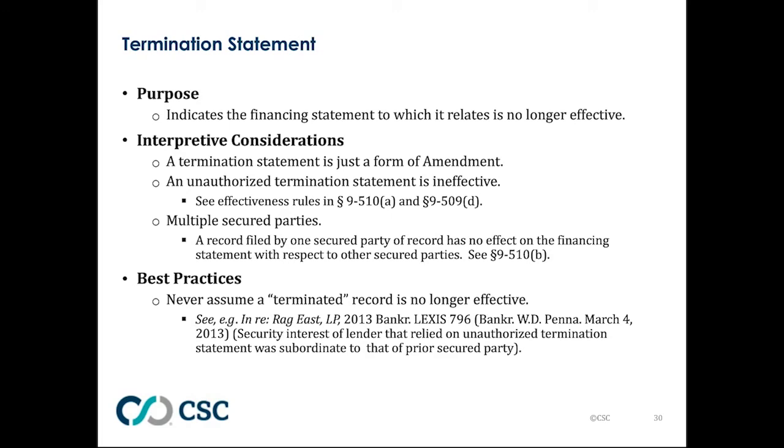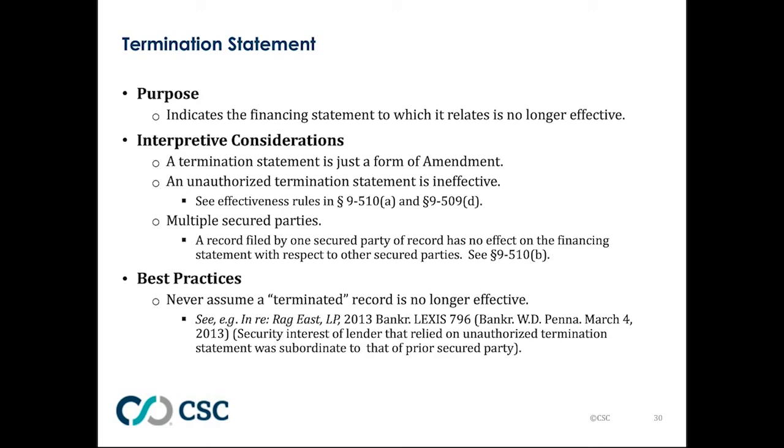Well, another secured party came along, saw that the first financing statement had been filed and that it had been terminated, and relying on that termination without making any further inquiry, the second secured party filed its own financing statement and the debtor incurred an obligation to that second secured party. Well, when the debtor defaulted, guess what?